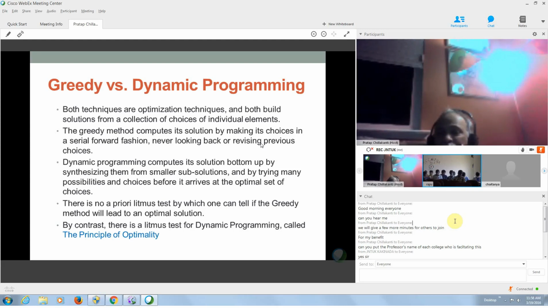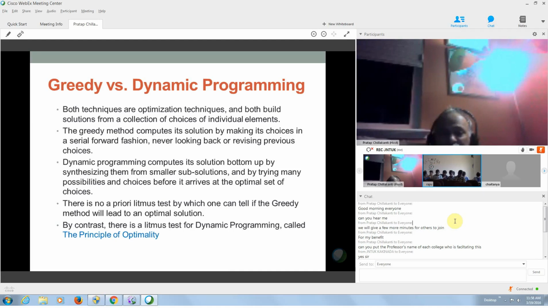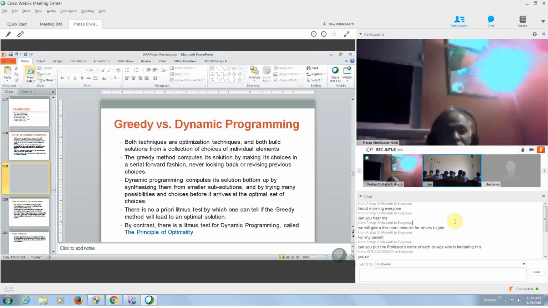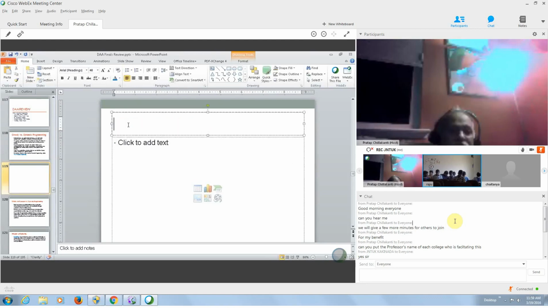Okay? So one example that I gave you, let me put it here, right? I don't think I copied that slide here, but let me create a slide here. Principle of optimality, right?